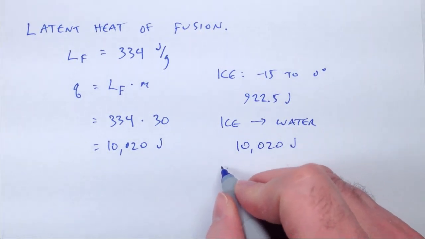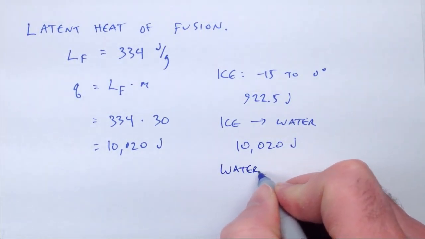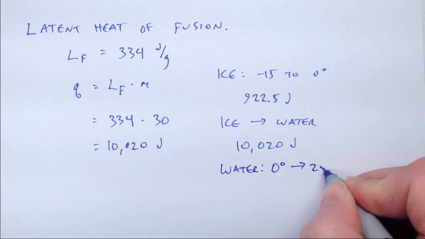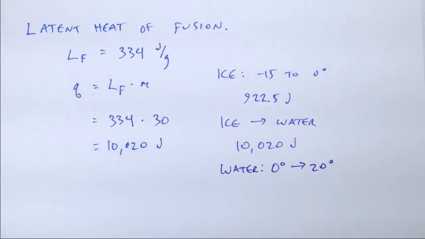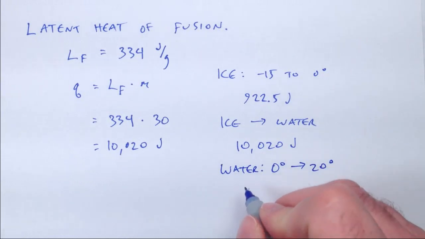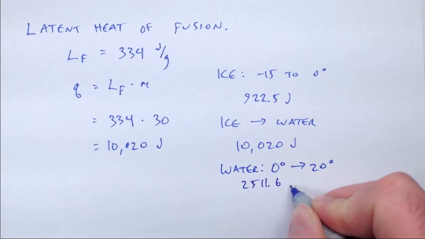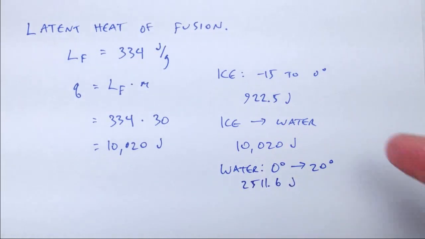And now we're talking water, 0 degrees to 20 degrees. That one was 2,511.6. These are the three numbers that you would need to add up to get the sum total amount of energy needed to get 30 grams of ice up to room temperature.